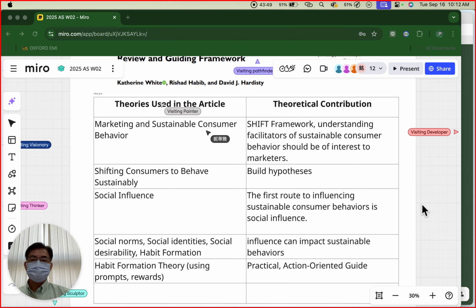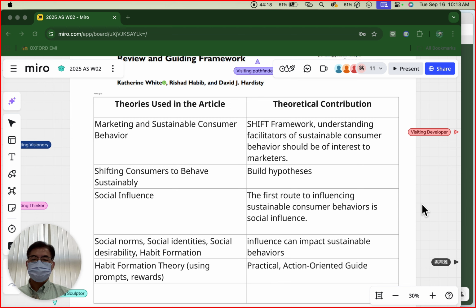And then they also use shifting consumer behavior sustainability for making the hypothesis. Actually, all of these theories contribute to the hypothesis building and also to answering the hypothesis itself, because this article only reviews the previous studies.